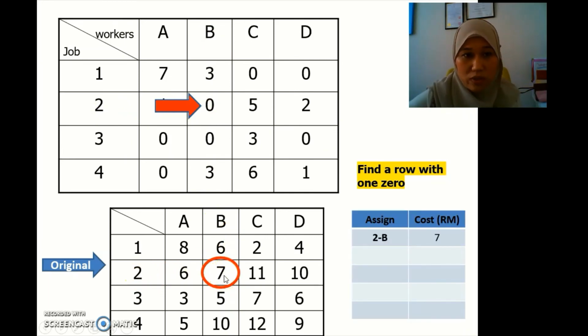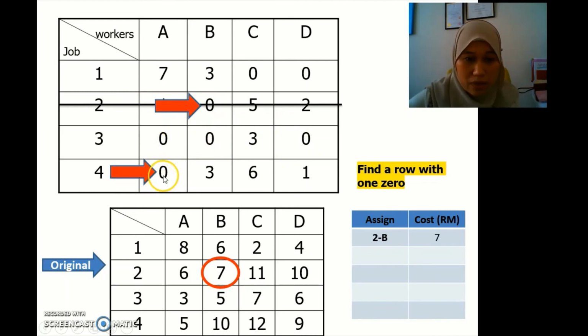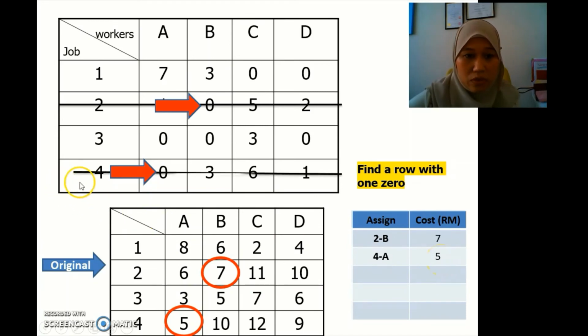So we're going to assign 2 and B, and the cost is 7. Okay, next. This one has too many zeros, so cross it out first. And then this one has 1 zero. So we know that 4 will pair with A. And we read here, it's 5. So 4A, 5.